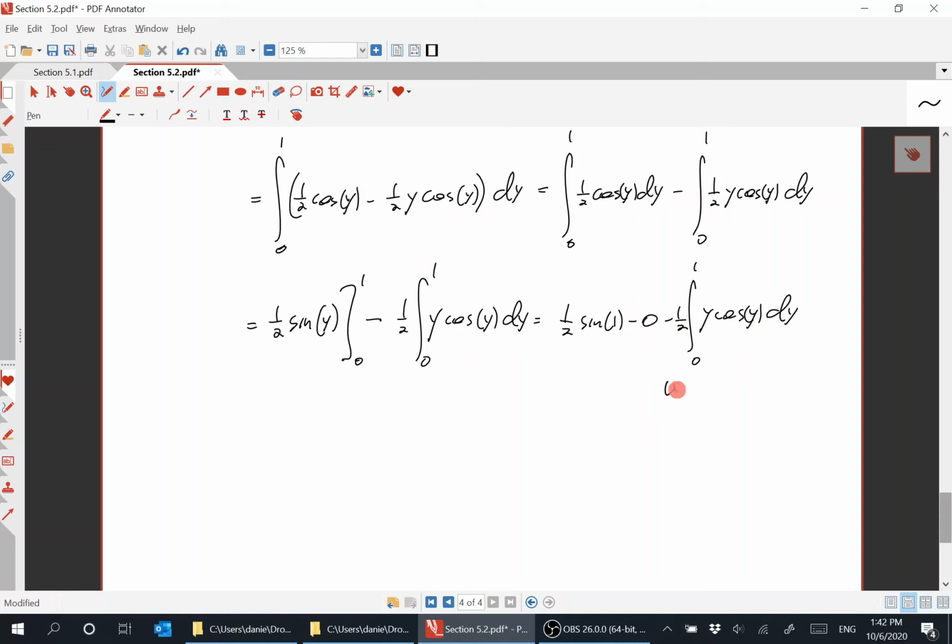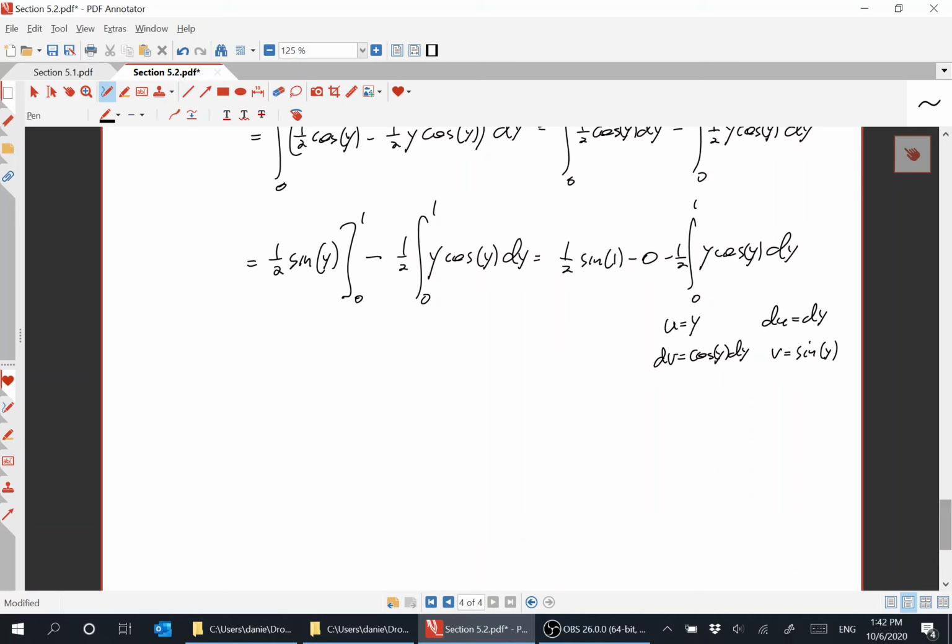Right, so we let u equal the polynomial y and dv equal cosine y dy. So now du is just dy, and v is antiderivative of cosine y, which is sine of y.